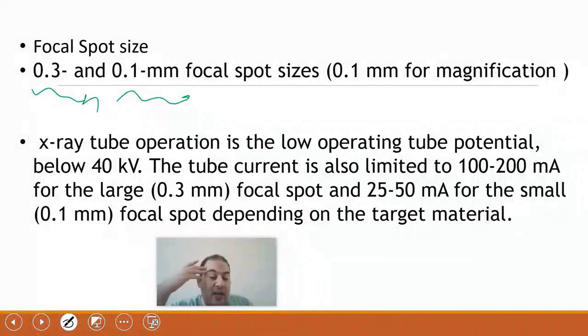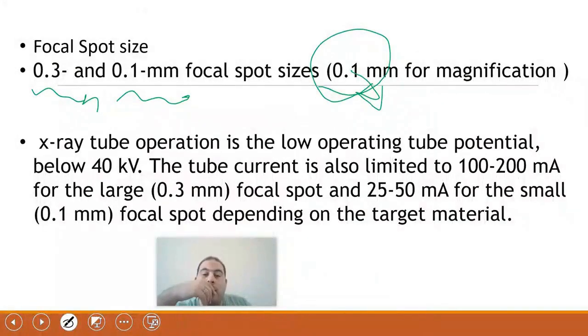Therefore, in cases of magnification, you use a smaller focal spot size, which is 0.1, because the difference in sharpness that occurs is treated by using a smaller focal spot size, giving you more resolution in the image. The X-ray tube should operate at low potential, less than 40 kilovolts, and the tube current is limited to 100 to 200 milliampere when I am working with the 0.3 focal spot at 40 kilovolts.